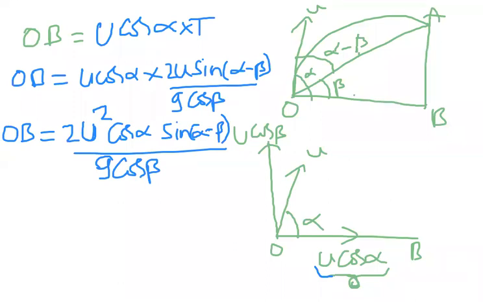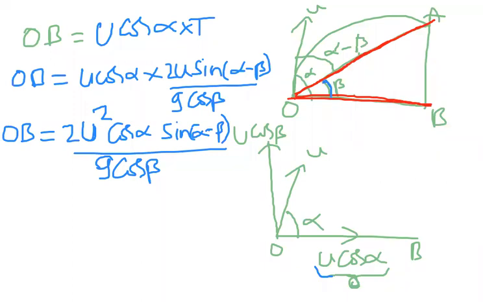If you know the OB value, frankly speaking my target is not OB. My target is OA. But now I found the value of OB. To connect OB and OA, the angle between them is beta.